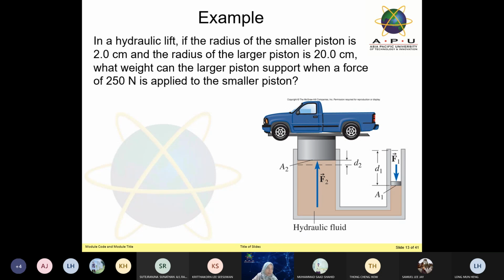Can try to do this. First, you calculate the area first, because they have given you the radius here.